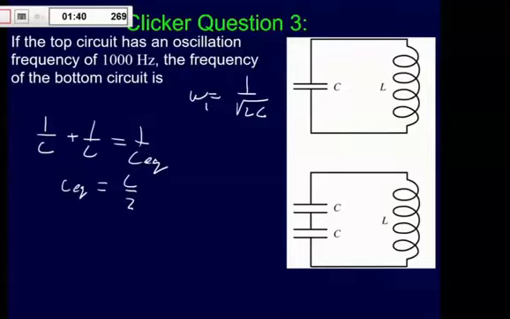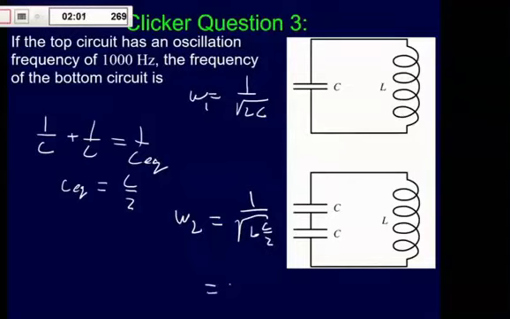And so what's really happening is if I call omega 1 to be 1 over radical LC, like so, then my omega 2 will be 1 over radical L times C divided by 2. The actual value of that capacitance is C divided by 2, which, if you clean this up, will end up being 1 over radical 2 times radical LC.